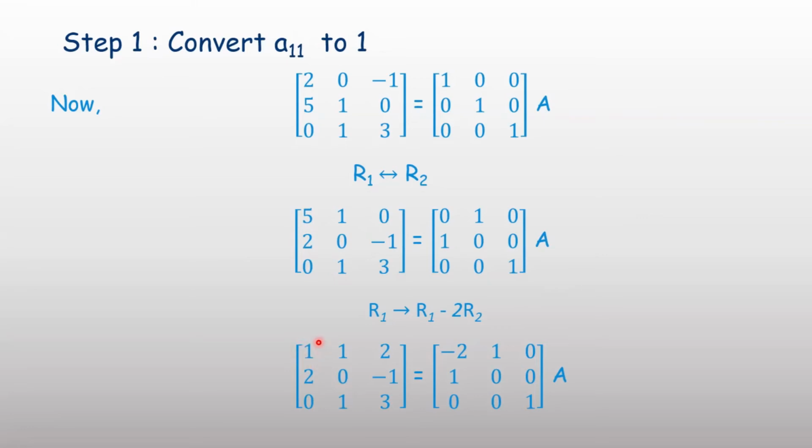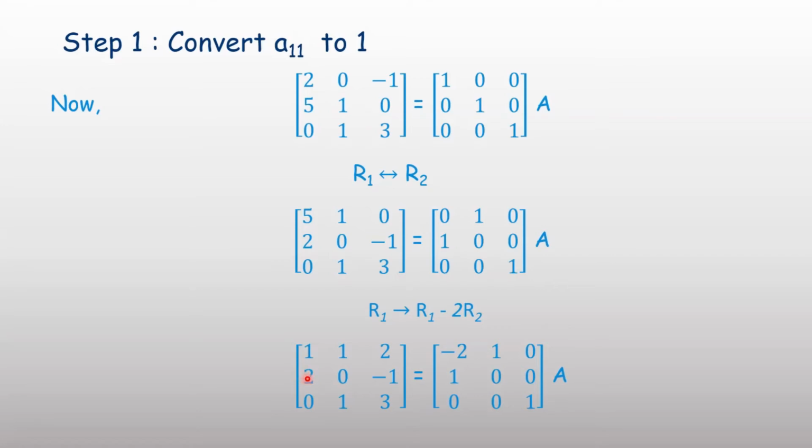Now in the next step, you have to write the remaining elements of the first column as 0 with the help of 1. So here if you want to write 0 with the help of 1, you can write 2 minus 1 into 2 equal to 0. It implies in the first row if you multiply by 2 and subtract from the second row, you will get 0 here.